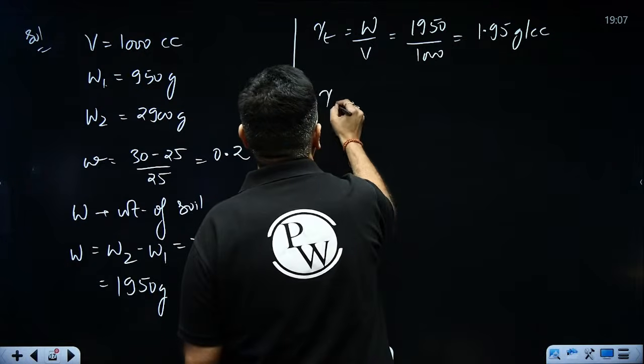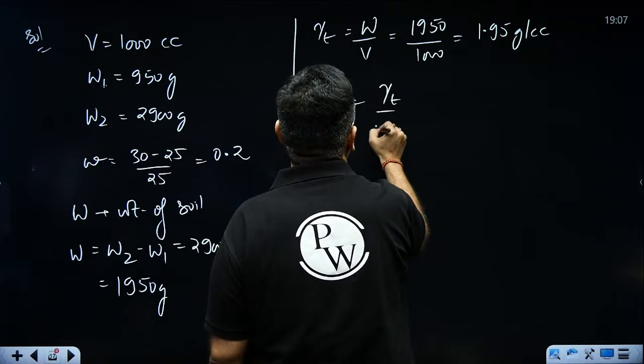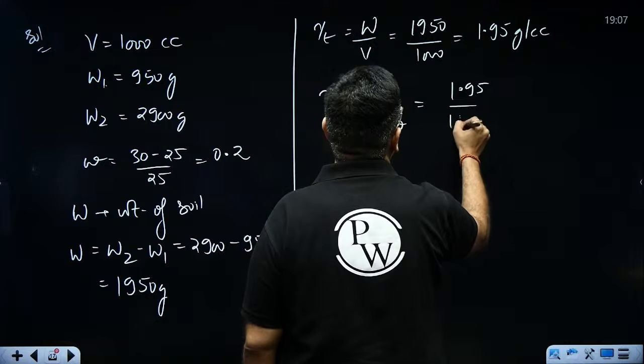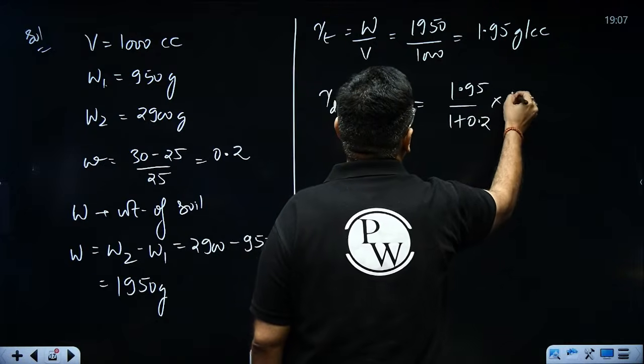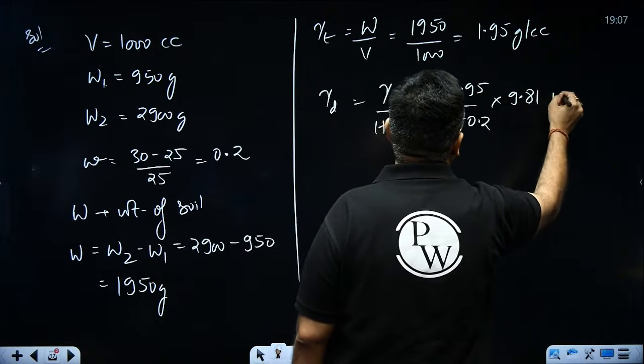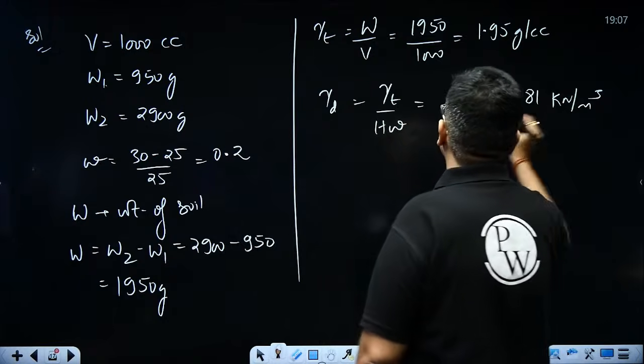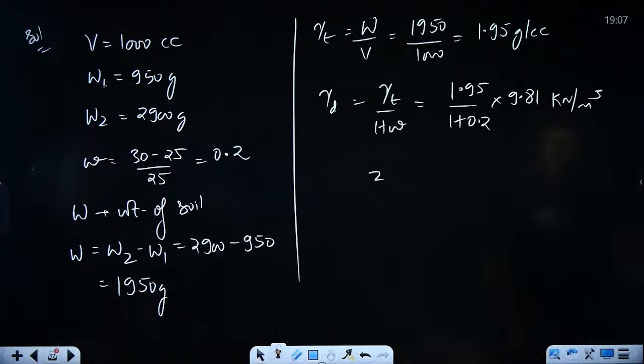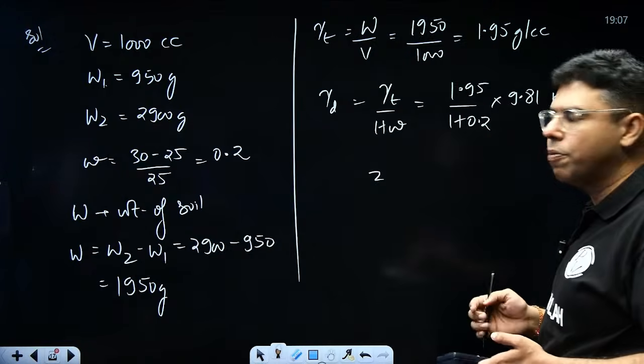Now, gamma D is gamma T upon 1 plus w. 1.95 upon 1 plus 0.2, into 9.81, we will multiply to get the answer in kilonewton per meter cube. Density we can convert into kilonewton per meter cube just by multiplying by 9.81.